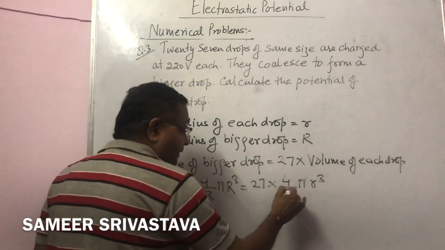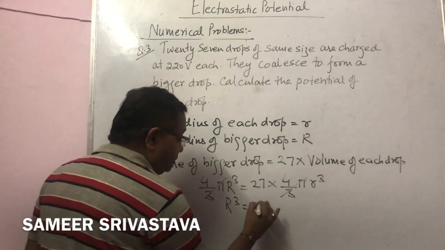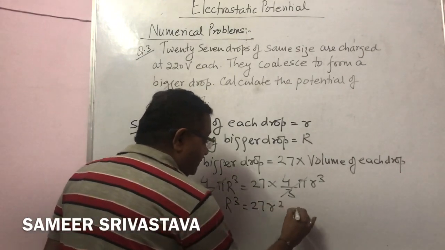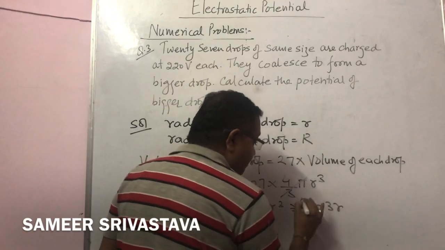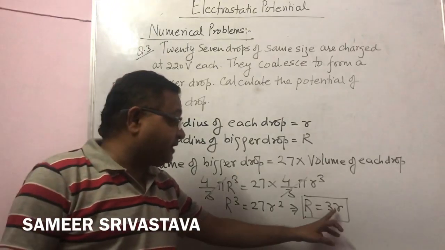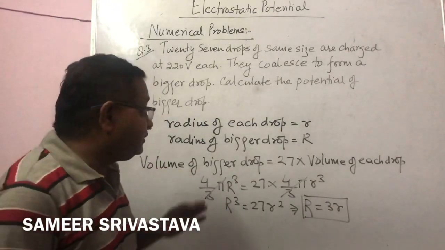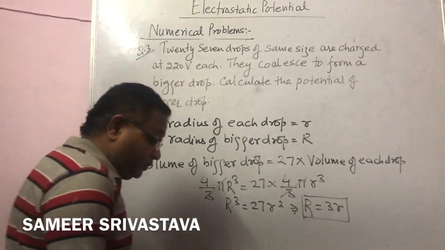Okay, 4 by 3 pi is cancelled out. So capital R cube is equal to 27 small r cube. From here we get a relation between capital R and small r, that is capital R is equal to 3 times small r.